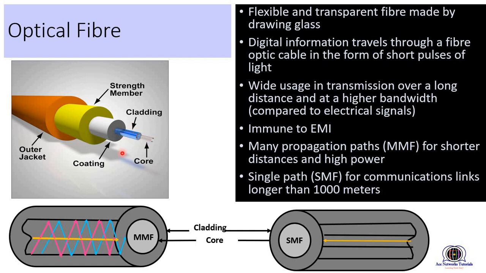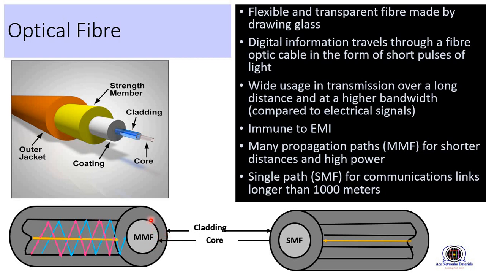Fiber optic communication is a method of transmitting information from one place to another by sending pulses of light through an optical fiber. It is immune to electromagnetic interference. The two primary types of fiber cables are called single-mode and multi-mode fiber. Fibers that support many propagation paths, or transverse modes, are called multi-mode fibers.